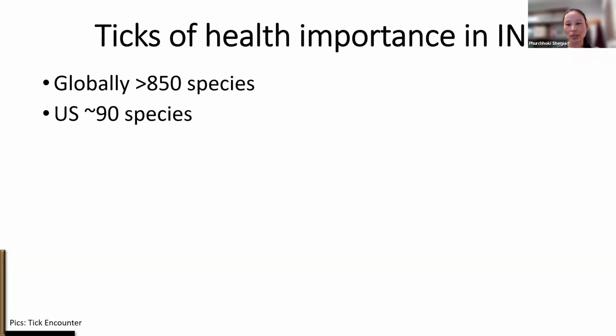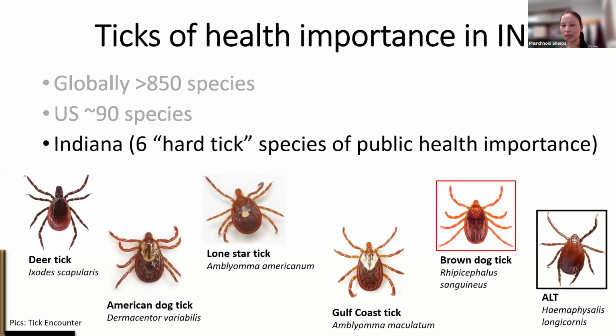Jumping into the first section, common ticks in Indiana, their diseases and identification. There are more than 850 different species of ticks globally. In the US, we have about 90 of those. And when it comes to Indiana, we have six hard tick species that are of public health relevance, as in human diseases.